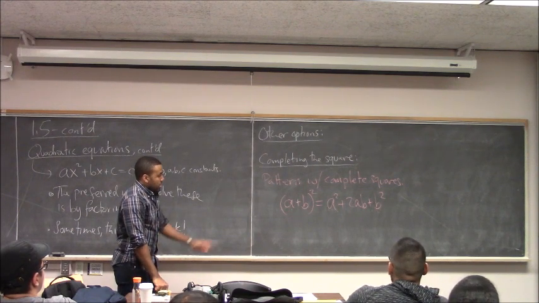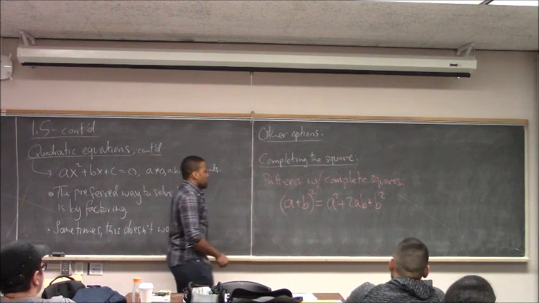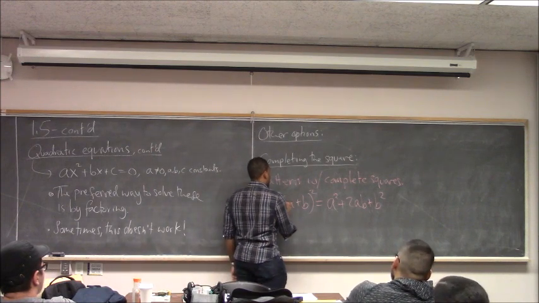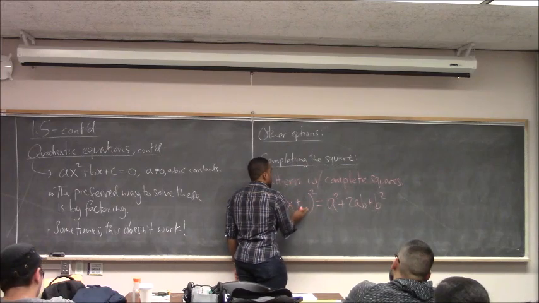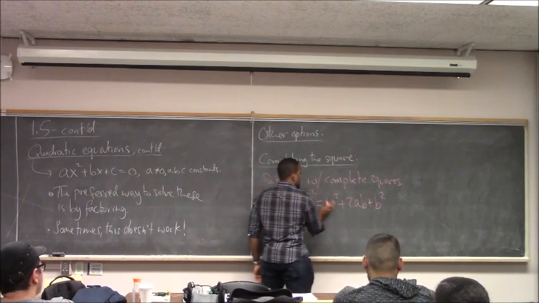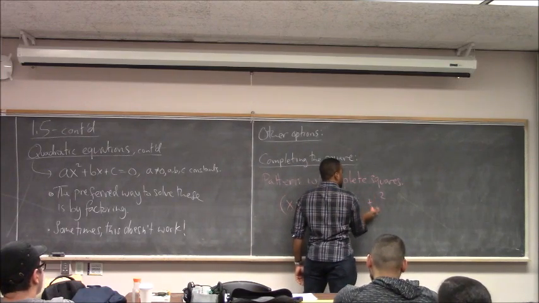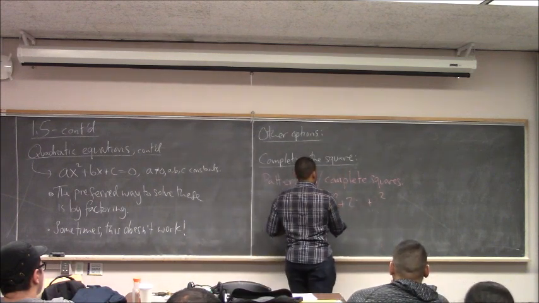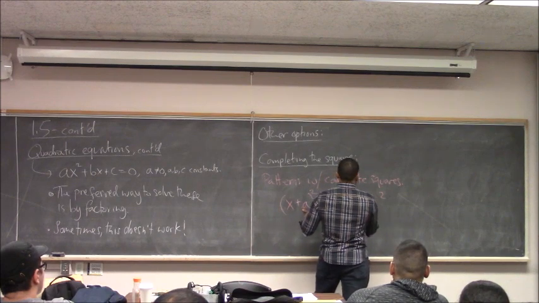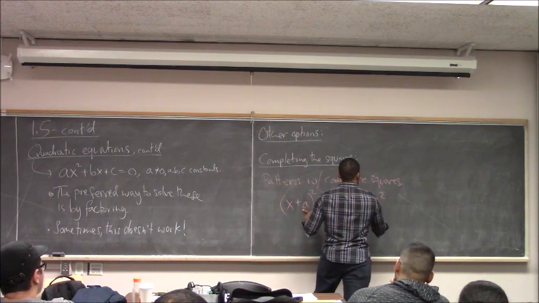But, anyway, if you were to replace this with x and that with a, just for you to be able to see something that I want to point out here. So x, think of it as the variable, a, think of it as a constant. This would be x squared plus 2ax plus a squared.